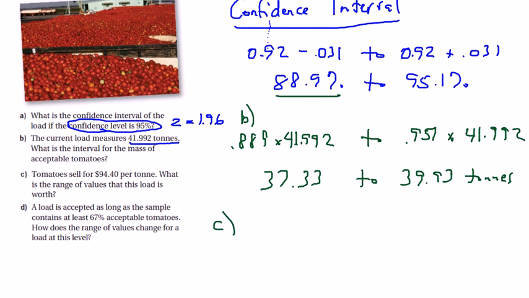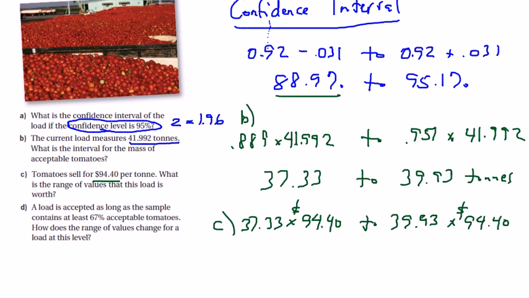For part C, we have to convert each of those tons to $94.40. So we're going to take 37.33 tons times 94.40, all the way up to a high end of 39.93 tons times 94.40.